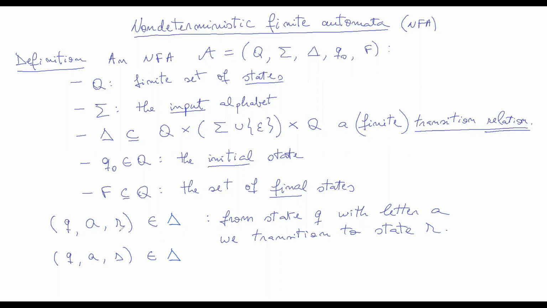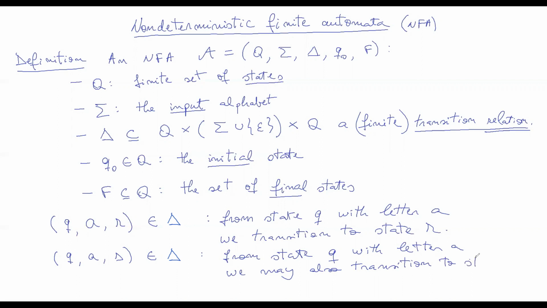But this is a relation, and it's allowed to have different triplets that differ only in their third position. So that means that from state Q with letter A, we may also transition to state S.